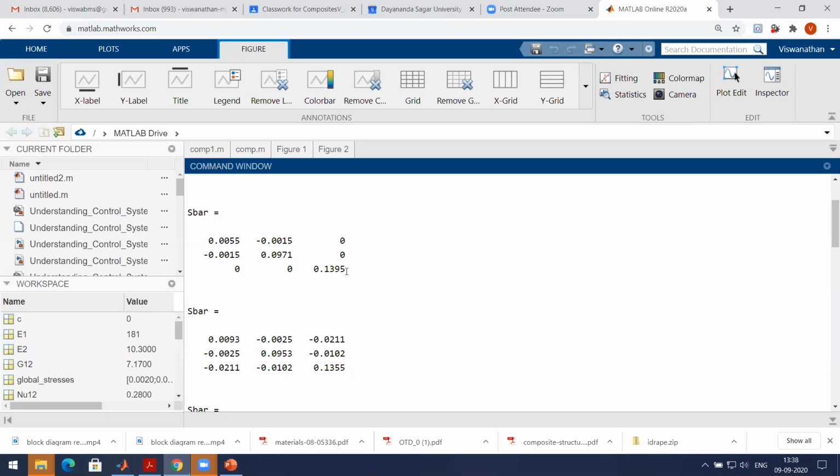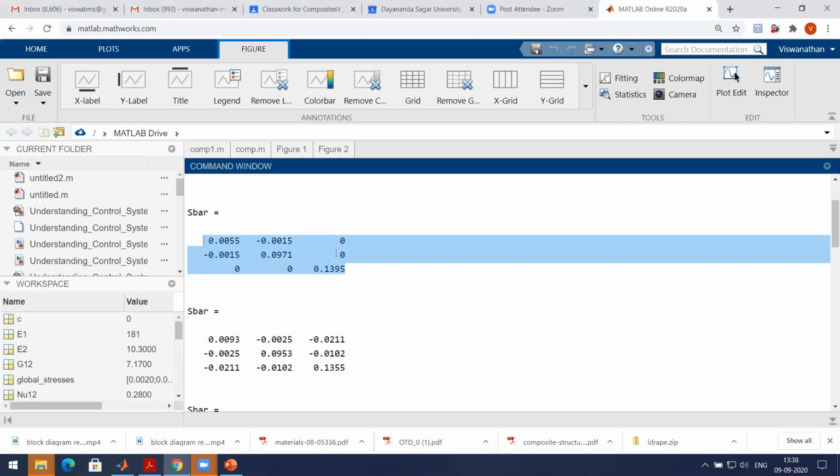Yes? What is the name for S bar? Transformed? Compliance. Transformed compliance matrix. Okay.